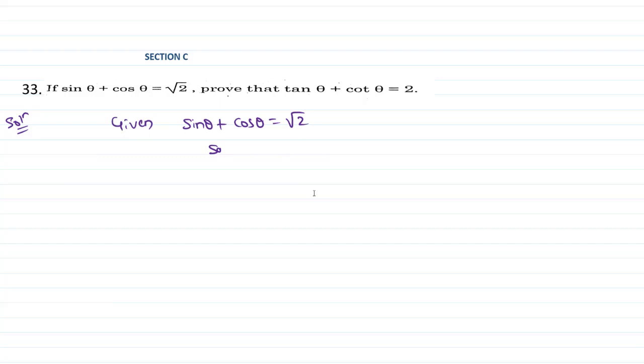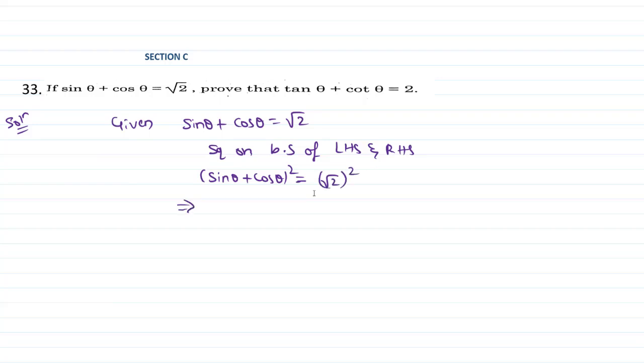Now squaring both sides of LHS and RHS, we get (sin theta plus cos theta) whole square is equal to (root 2) whole square.